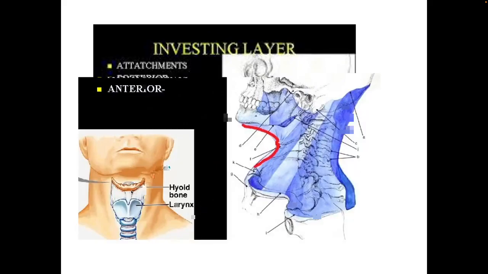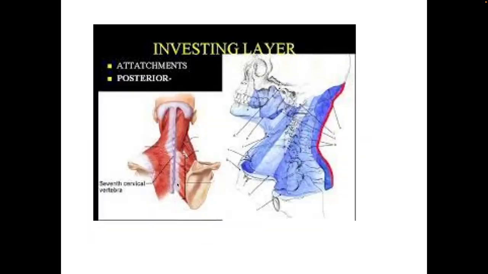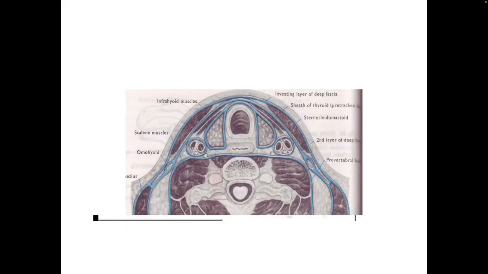Posteriorly, ligamentum nuchae, if you can see this diagram, till the seventh spine or the spine of the seventh cervical vertebra, C7. So if you can see the ligamentum nuchae, this red colored thin line means this investing layer of deep cervical fascia, it completely encloses the neck like that of a collar. It surrounds the whole neck like a collar.